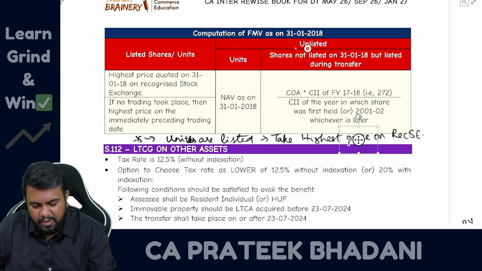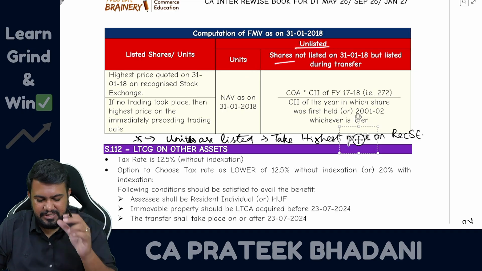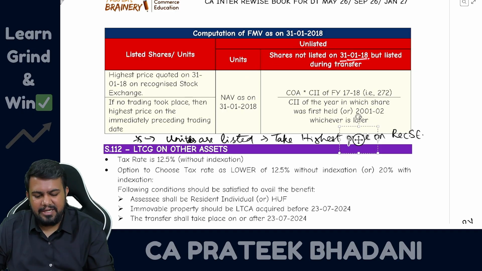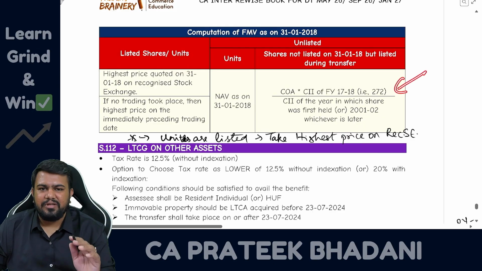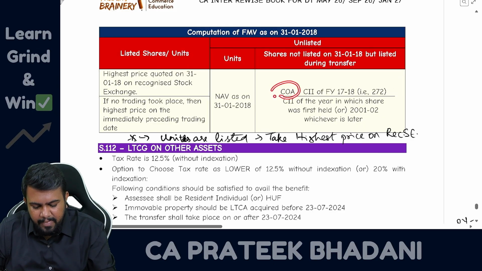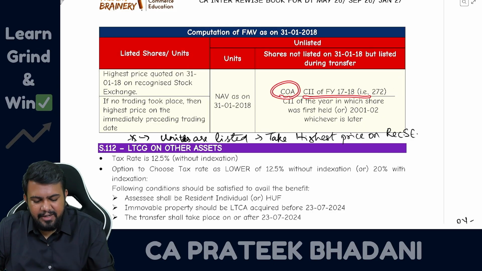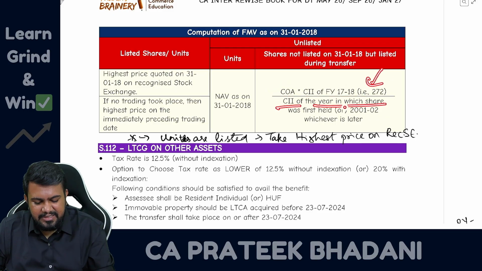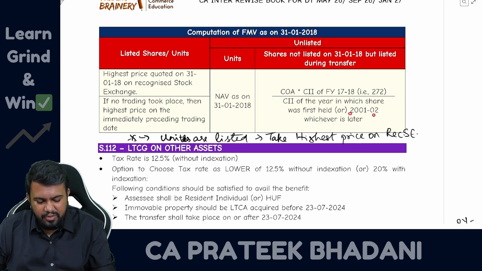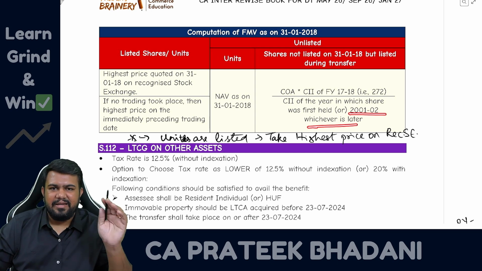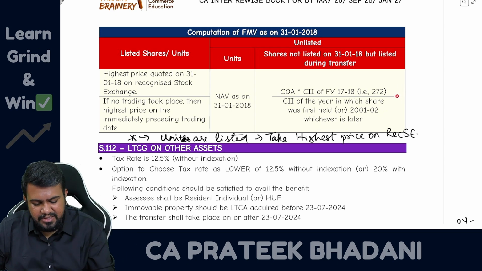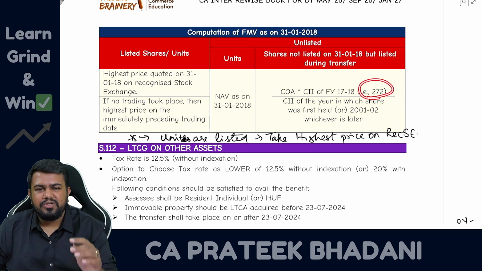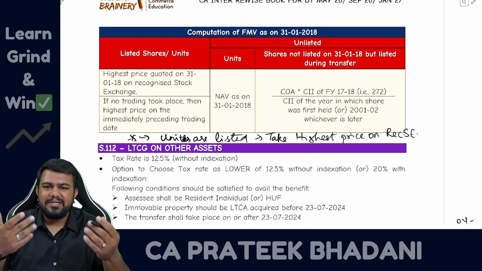Now what about unlisted shares? If there are unlisted shares as on 31/1/2018, then you have to do indexation for the shares. Indexation is equal to cost of acquisition multiplied by cost inflation index of 2017-18 divided by cost inflation index in which it was first held, or 2001-2002, whichever is later. Fine. So this is the indexation you have to do. Section 272, should you remember? My recommendation is to please remember it.